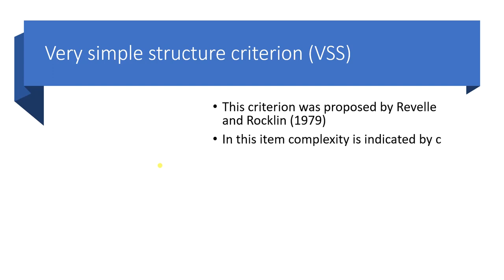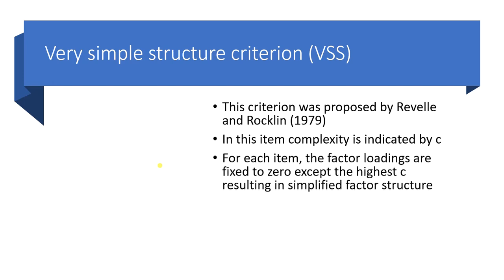In this method, the item complexity is required to do the analysis and the complexity is indicated by C, and complexity of an item means that it is cross loading on how many factors. If one item is loading only on one factor and not another factor, then complexity is 1.